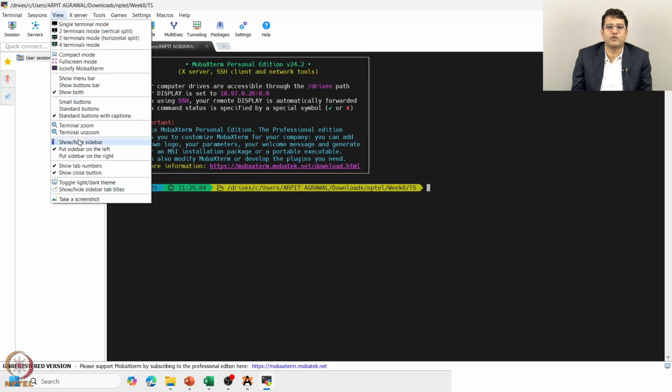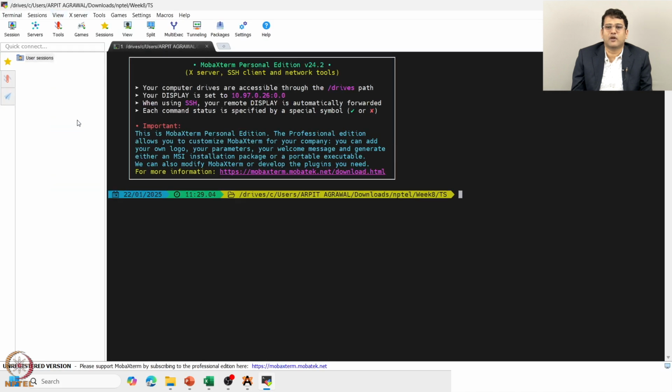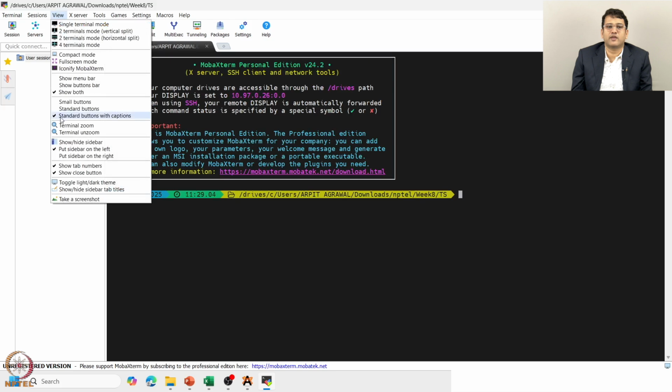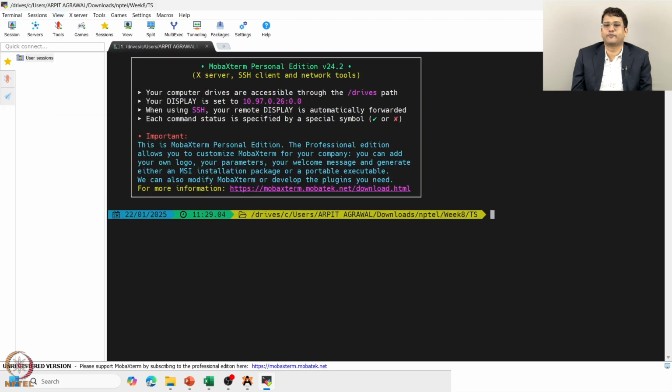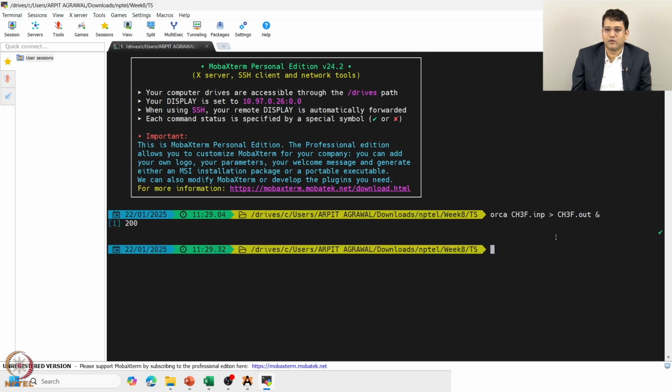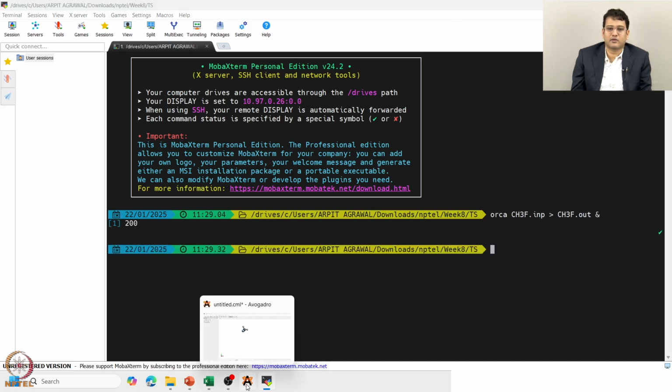Let me go to view terminal, zoom a little bit more, so it becomes easier to see what I am doing. So, Orca. Let me run the calculation.